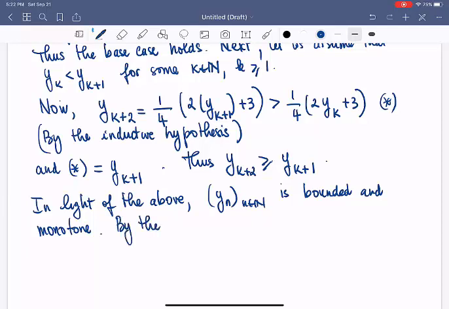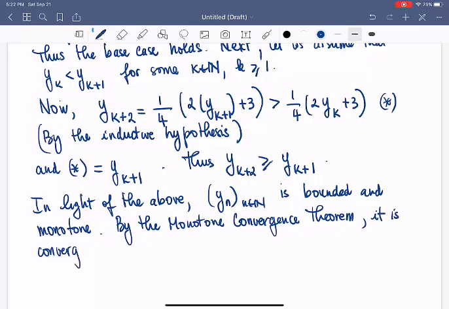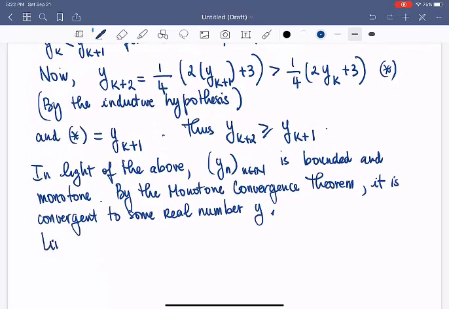By the Monotone Convergence Theorem, it is convergent to some real number y. Now, we don't know what y is. All we know is that the limit of y sub n when n is approaching infinity is indeed just y.